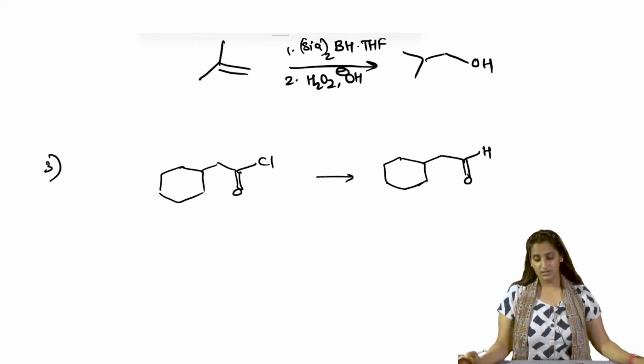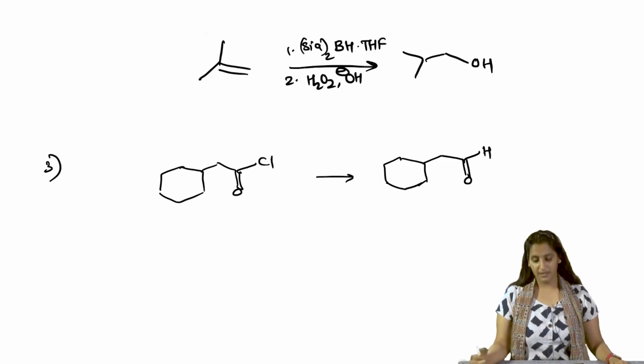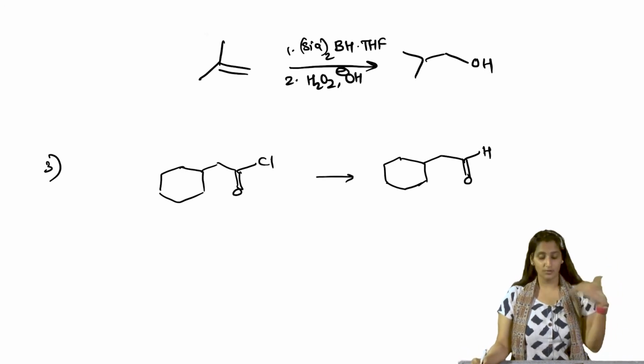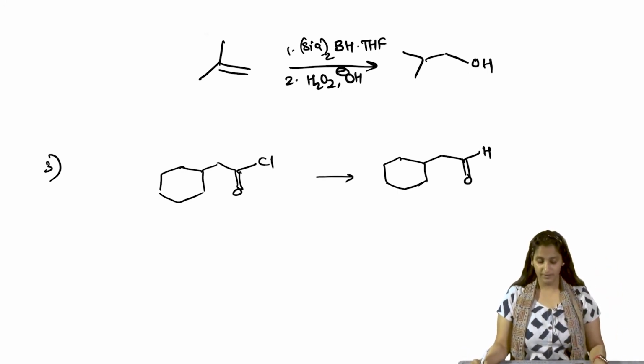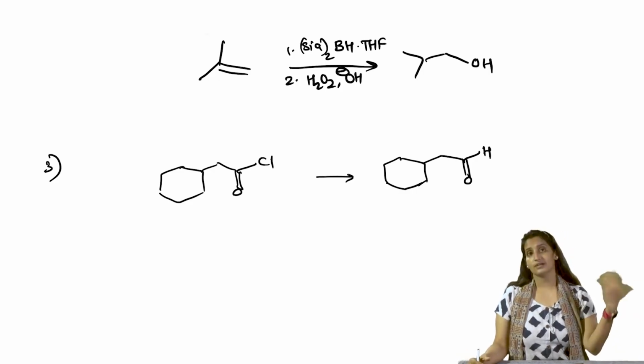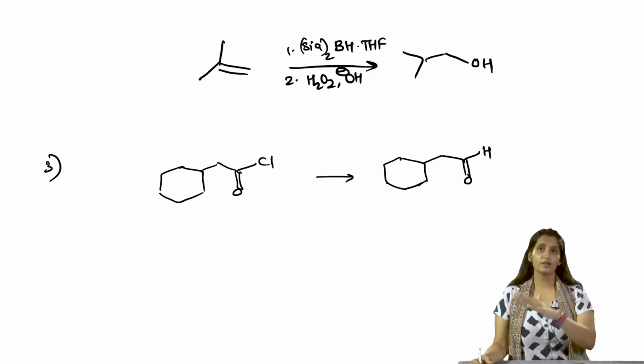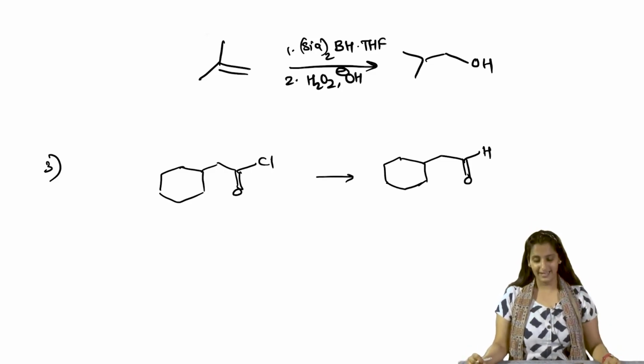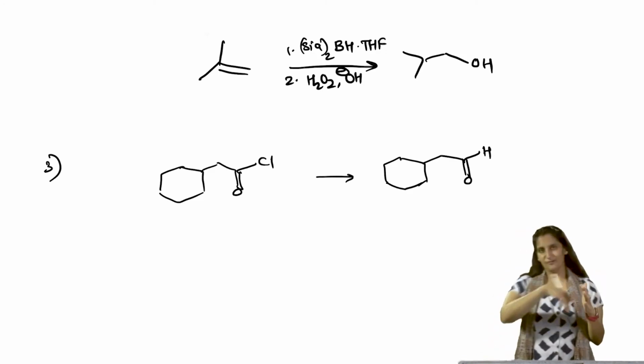The oxidizing agent in this case will be PCC, pyridinium chlorochromate, and that is going to form an aldehyde. So, to get from acid chloride to the corresponding alcohol, it is very easy. We can first convert it to an acid, reduce it all the way and then get to the aldehyde. So, it is kind of a long way.